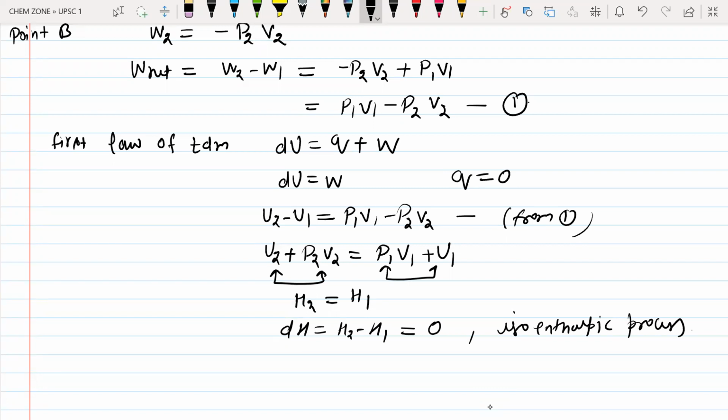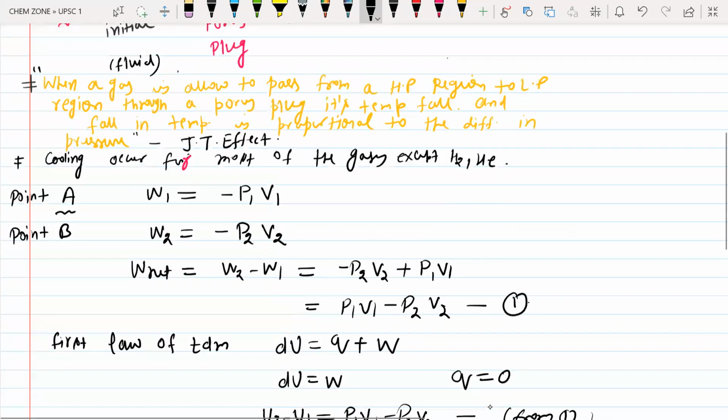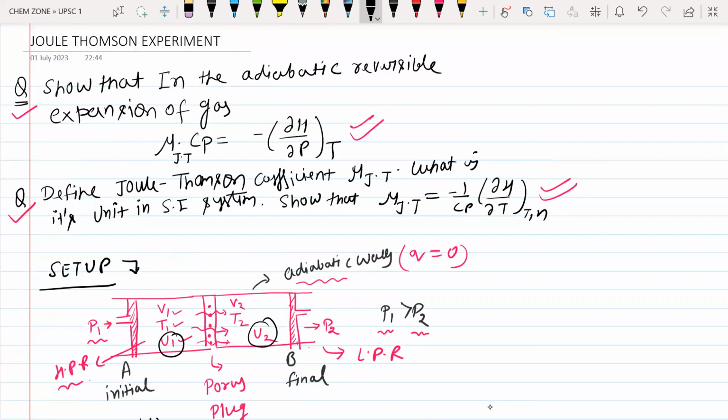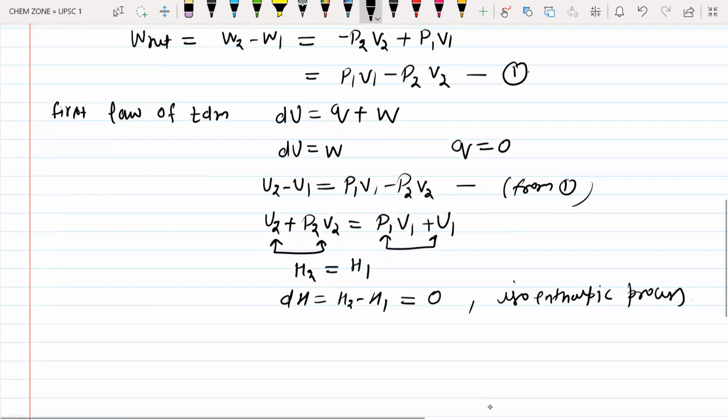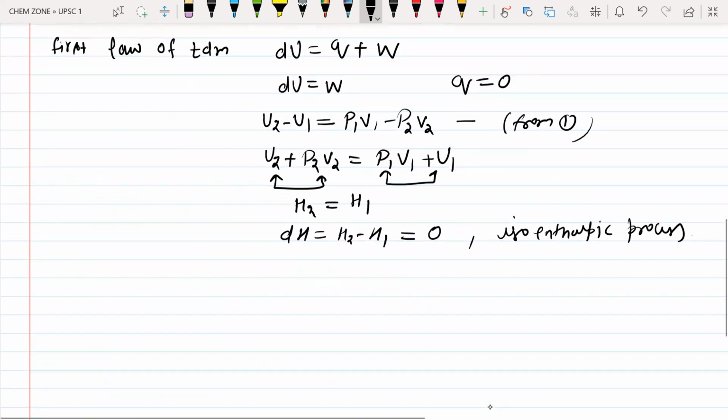Prove that adiabatic expansion, or you can say adiabatic reversible expansion of a gas, is an isoenthalpic process. Keep in mind that we cannot say enthalpy is constant throughout the process, because the process is not completely in equilibrium.